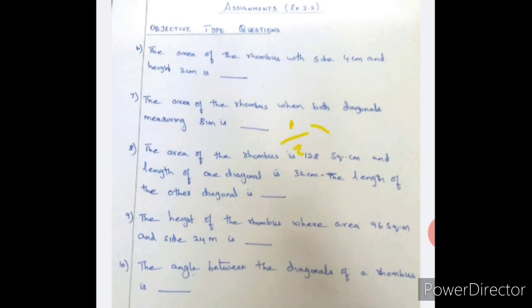Try to simplify. 2 ones are 2, 2 fours are 8. Now 4 into 8, what will be the answer? It is 32 centimeter square.